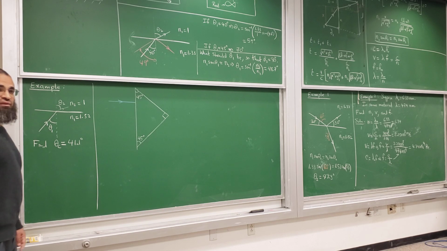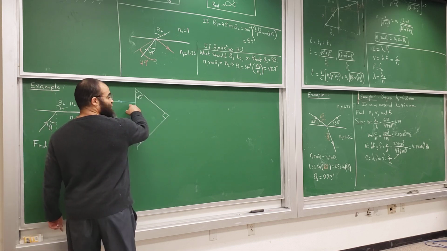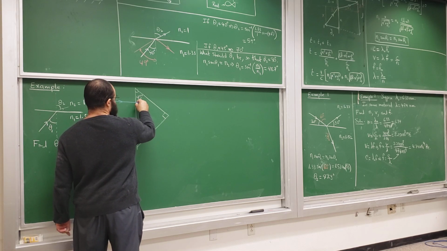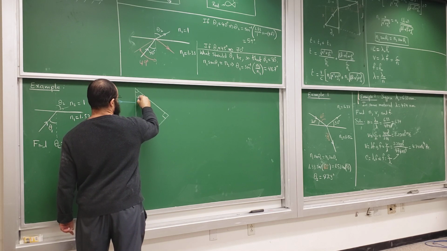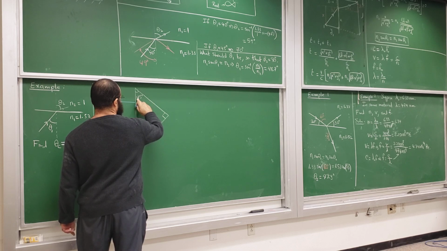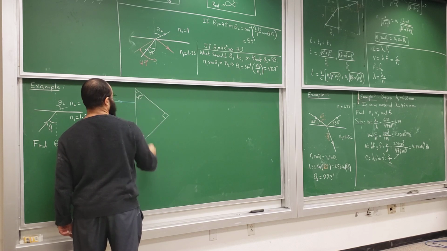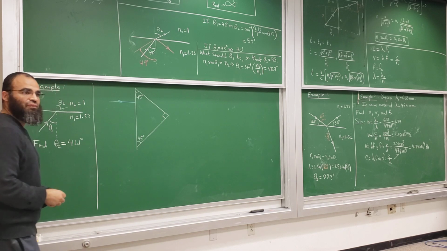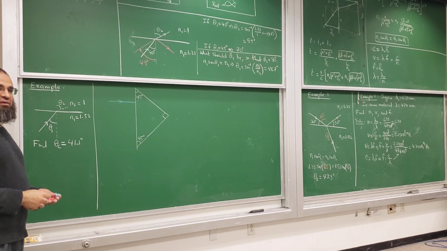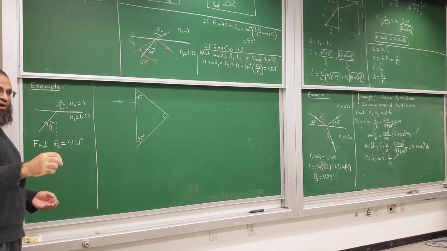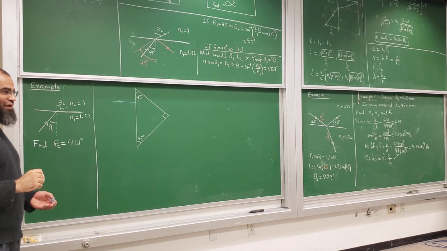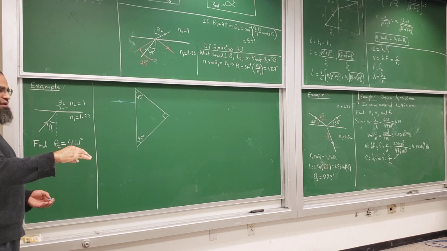So my question to you, then: this ray, is it going to bend this way, upward, or maybe pass straight? Passes straight, because n1 sine theta 1 equals n2 sine theta 2. Theta 1 is 0, so n1 sine 0 is 0.